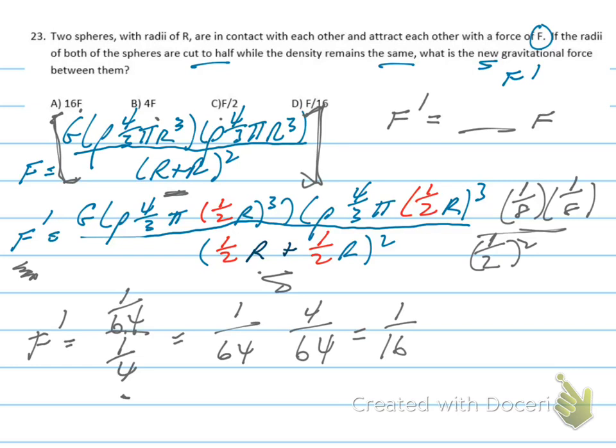So F prime is 1/16 times the original force, which is F over 16, which gives us D as an answer.